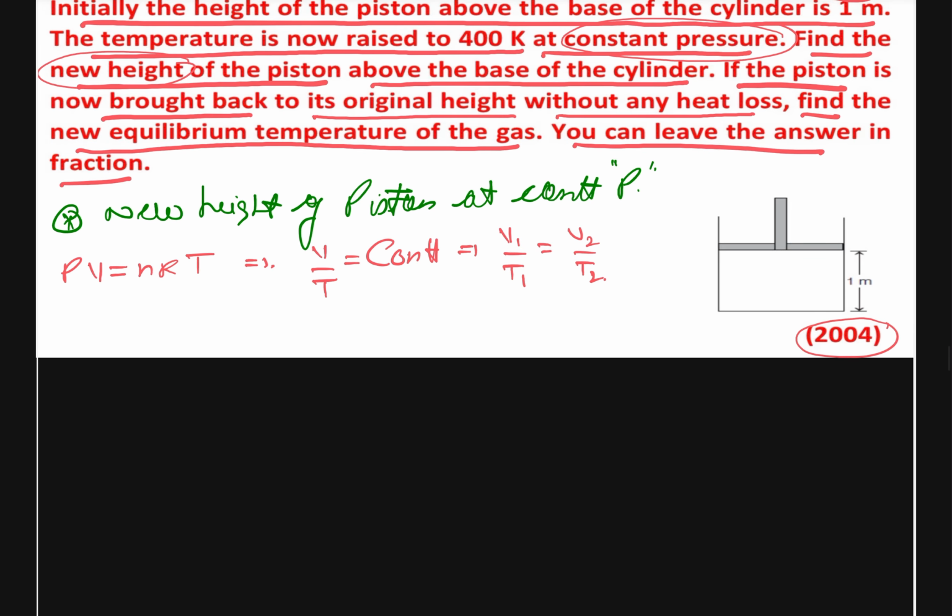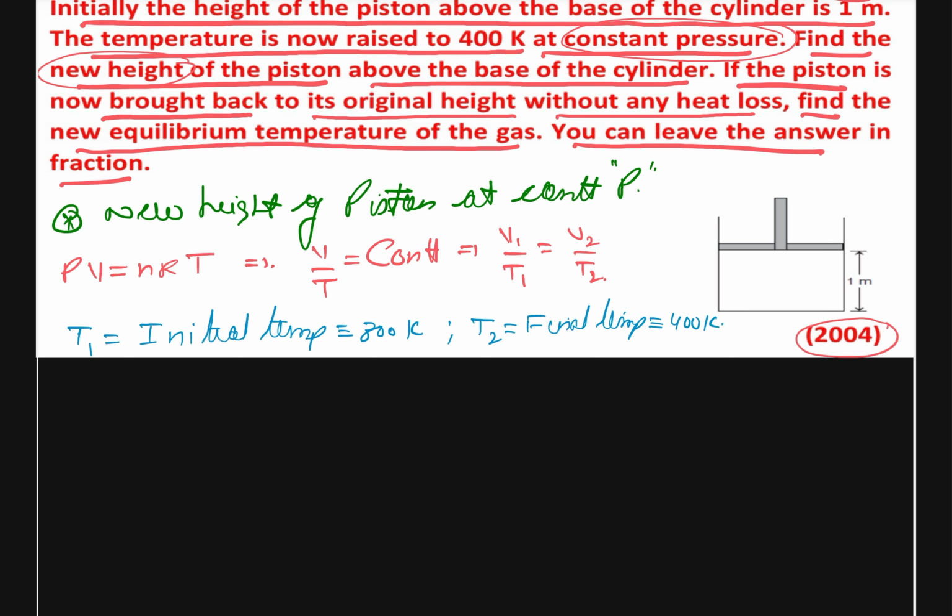We can define V1, T1 and T2. Here T1 is our initial temperature, which is given as 300 Kelvin. T2 is our final temperature, which is given as 400 Kelvin.